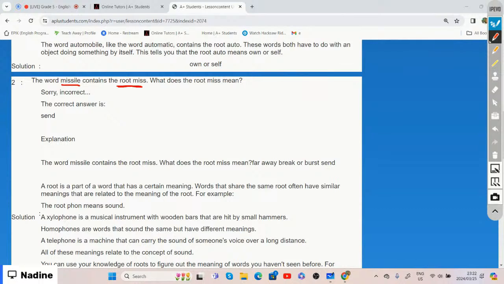Okay, it's a type of bomb. That's a good one. What else? Another one. What is related to missiles? It's a bomb.